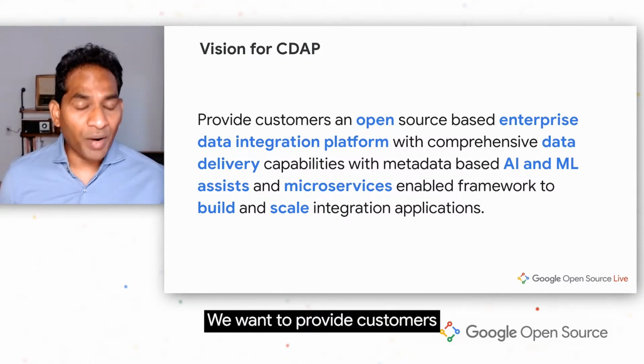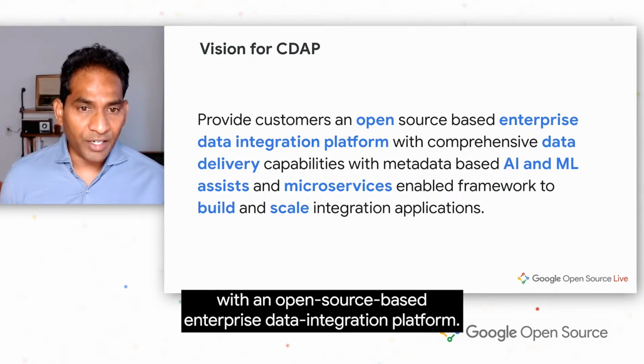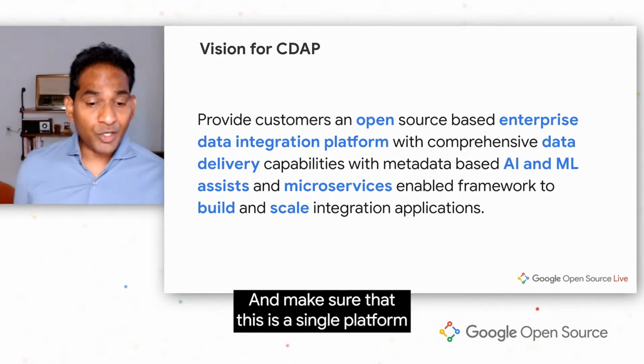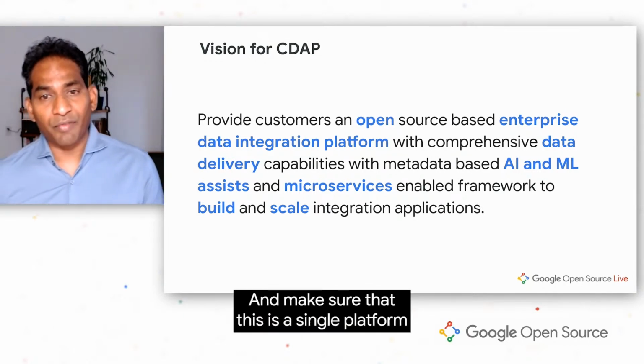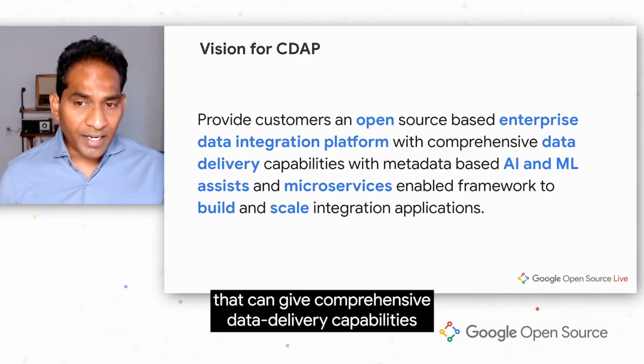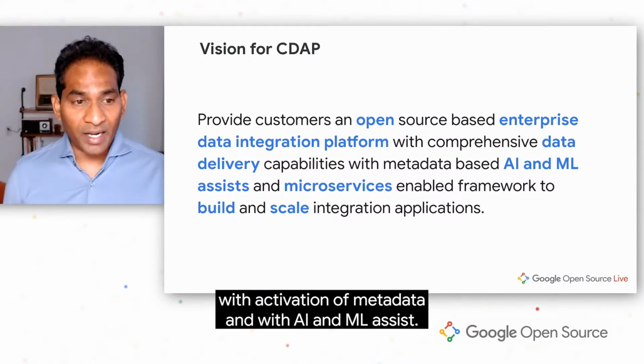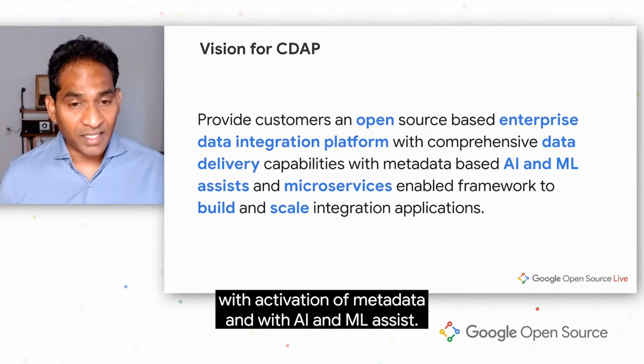We want to provide customers with an open source based enterprise data integration platform, and make sure that this is a single platform that can give comprehensive data delivery capabilities, with activation of metadata, and with AI and ML assist.